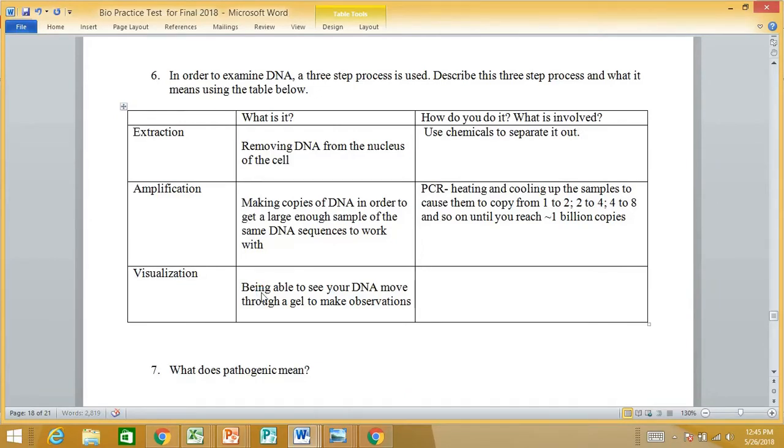You use gel electrophoresis. So that's when you insert your DNA into the gel. You plug in, turn the power on your gel electrophoresis tray.